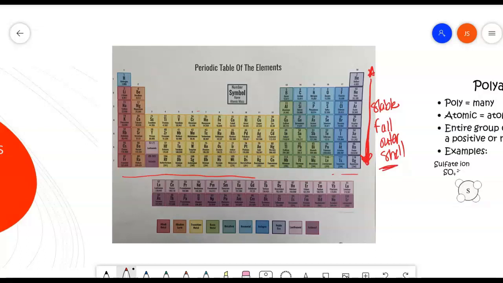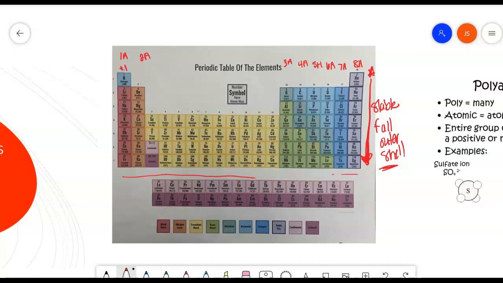So, a reminder: we had group 1A here, this was group 2A, then we skipped over here, this was 3A, 4A, 5A, 6A, 7A, and then 8A were the noble gases. In group 1A, these elements are going to have a +1 charge.